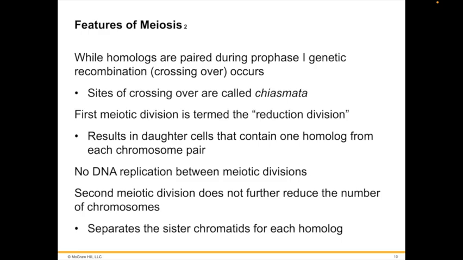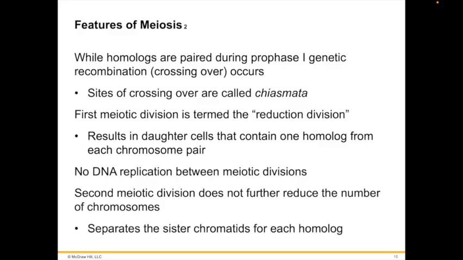This again is in contrast to mitosis, where sister chromatids and not homologs are pulled to opposite poles. This is why the first division is termed the reduction division. It results in daughter cells that contain one homolog from each chromosome pair.